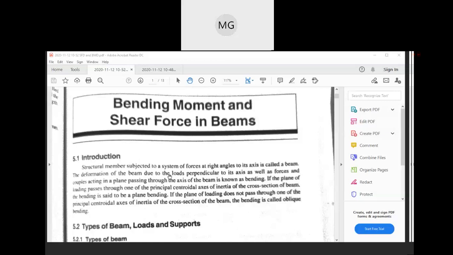Now here, assume you take any pen. You keep it horizontally on any two supports, and under the middle of the pen, if you press it, it will bend. If you apply more force, it can break.